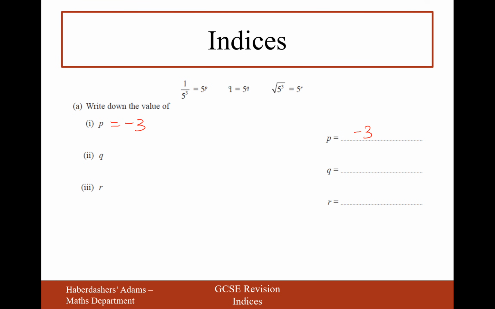Well, we just saw a couple of questions ago that when q equals 0, anything to the power of 0 is 1. And then with this one here, the root on the 5 is a 2, so that must mean the denominator of the power is a 2, and then 5 is being cubed, so the indice numerator will be 3, so it would be 3 over 2 for that third one there.